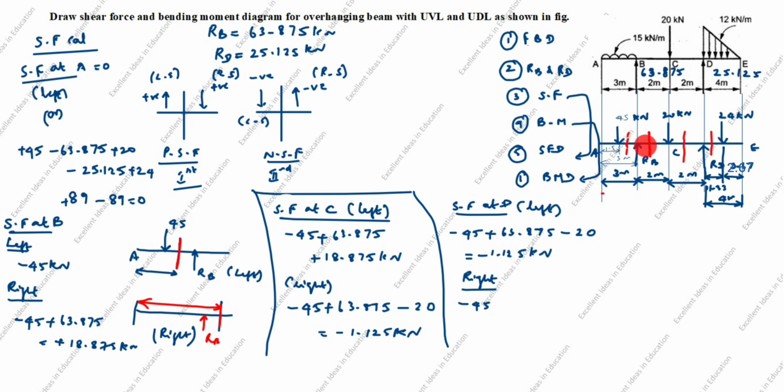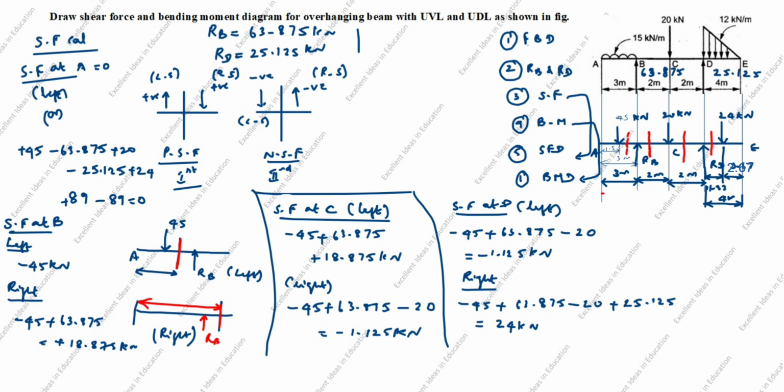Up is positive, plus 63.875. Next you see the arrow comes down. Down is negative, minus 20. Next you see the arrow goes up. Up is positive, plus 25.125 equal to 24 kilonewton.